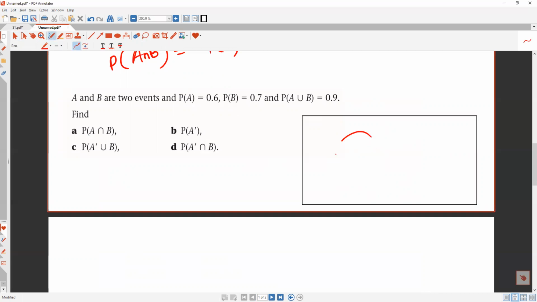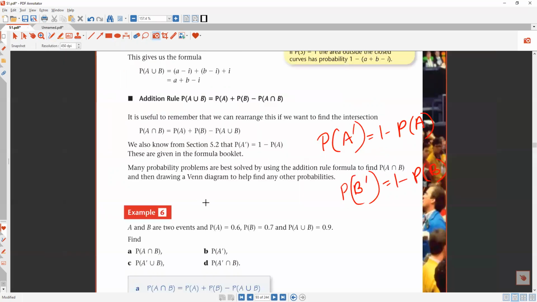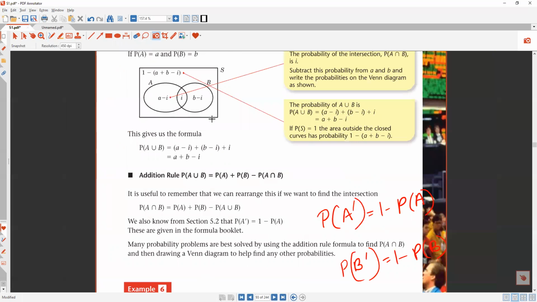Bro, show the other two formulas. Okay, wait, the other two formulas. This one. I have recording going on. Understood? A complement is 1 minus probability of A. Probability of A complement is equal to 1 minus probability of A. You should know this.